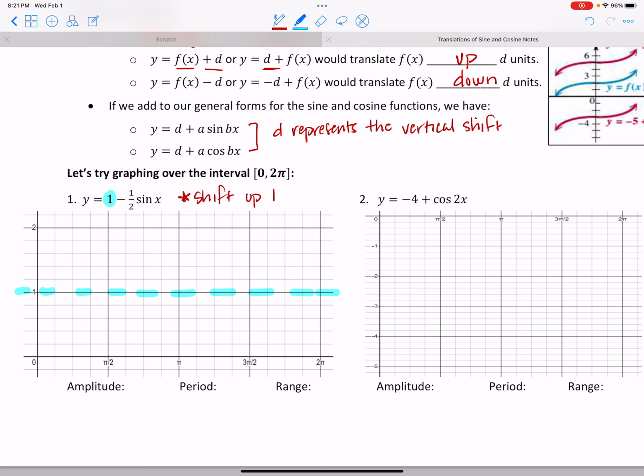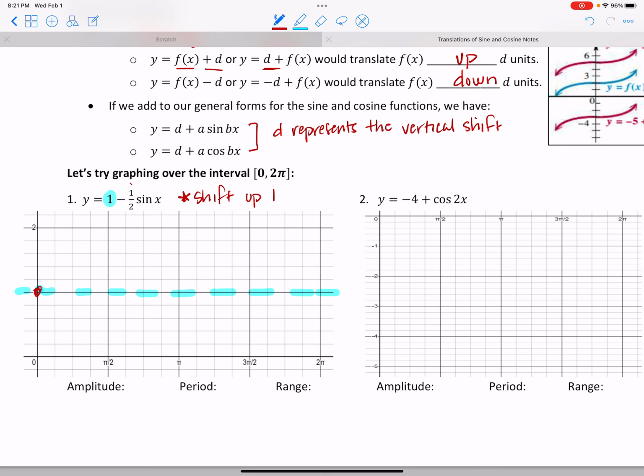And then the rest of the work that I'm going to do is basically the same work I would normally do. Sine, we would say, starts at 0. Well, now it's going to start at our new 0, which has shifted up to 1. So it's going to start on our midline. It's going to end on the midline. It's going to hit the midline in the middle instead of starting at 0, ending at 0, and hitting 0 in the middle. Okay? So I know my sine is going to start at, let's make the graph here, 1.